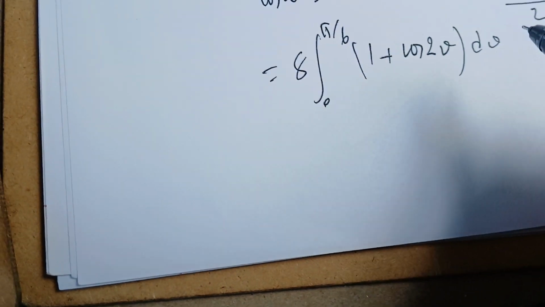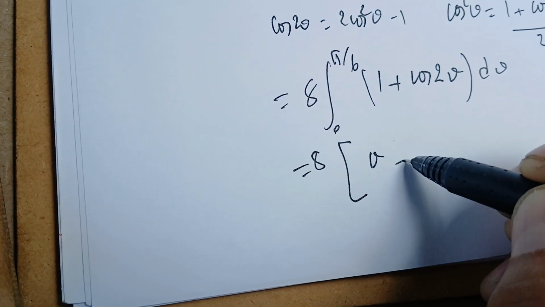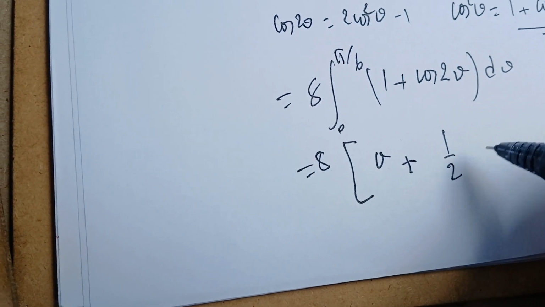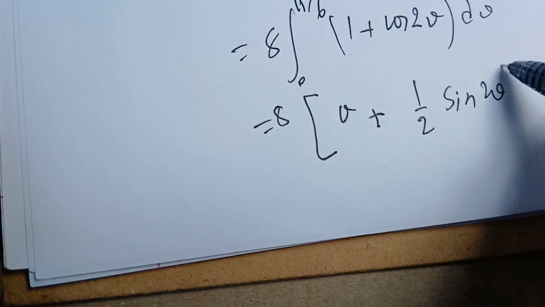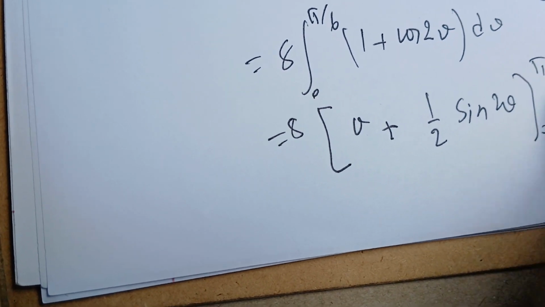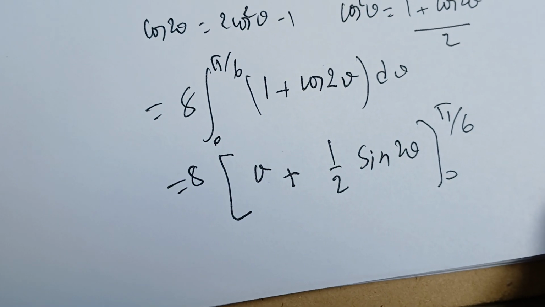Now I keep 8 outside and I get theta plus 1/2 sine 2 theta between 0 and pi over 6. This is an easy integral to compute.